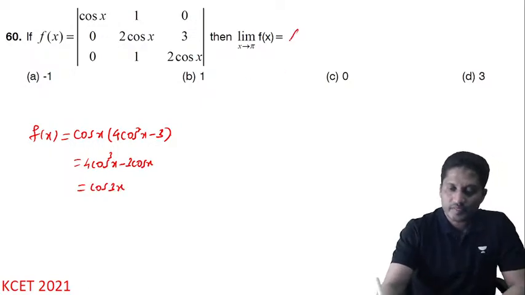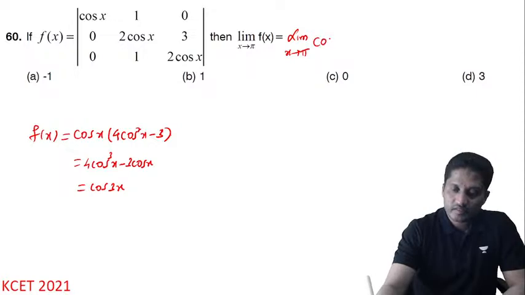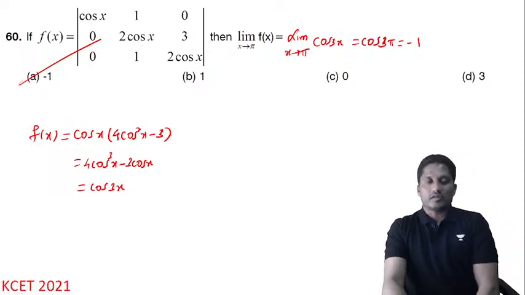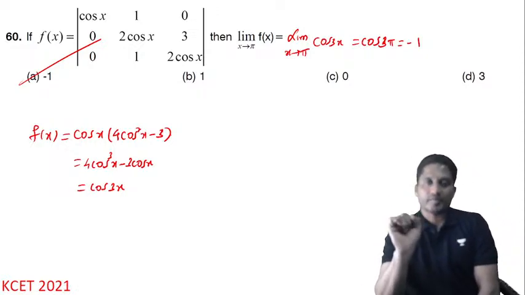Limit x tending to pi of cos 3x is equal to cos 3 pi. Cos 3 pi is minus 1. Answer is option A. Alright, so we finished all the questions of the 2021 paper, guys.